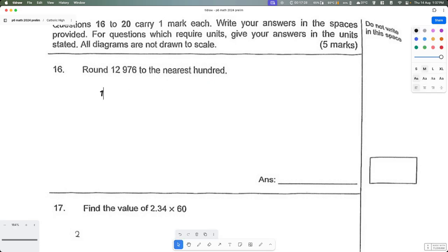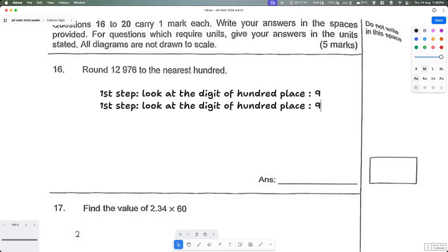For the first step, look at the digit in the 100 place, which is 9. Second step, look at the digit before the 100 place, which is 7.